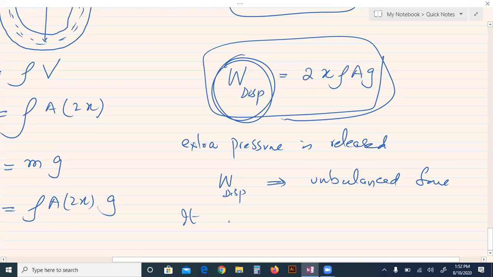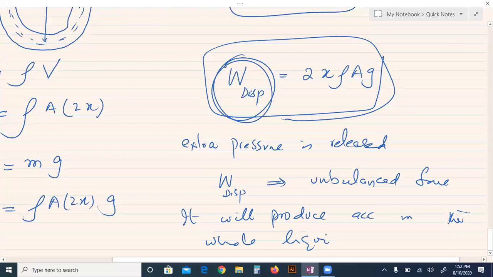And it will produce acceleration in the whole liquid, not only in the displaced liquid, in the whole liquid.